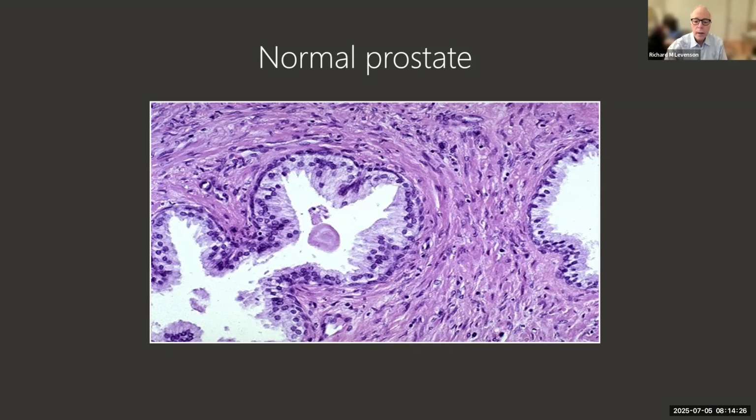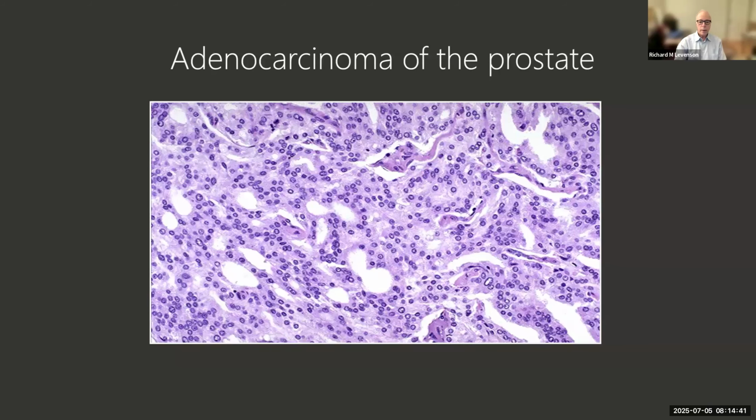What we see here is things doing stuff. This out here is the connective tissue and muscle in a prostate. Here are the cells that are actually making prostatic fluid. This is a prostatic secretion from the fluid. It all looks good. In contrast, here is adenocarcinoma of the prostate.